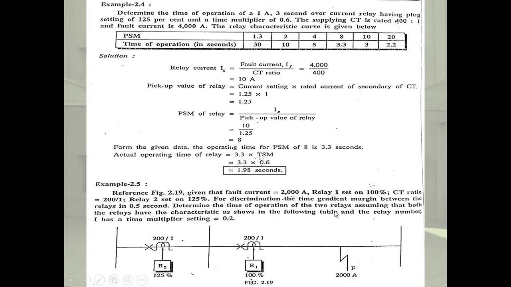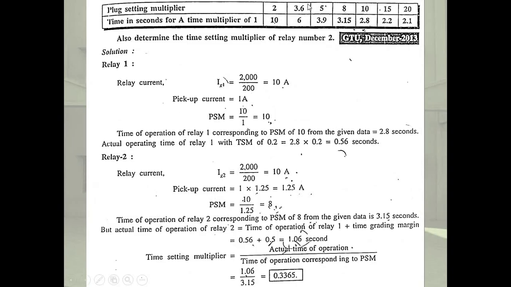Determine the time of operation of the two relays, assuming that both relays have the characteristic shown in the following table, and relay number 1 has a time multiplier setting equal to 0.2.